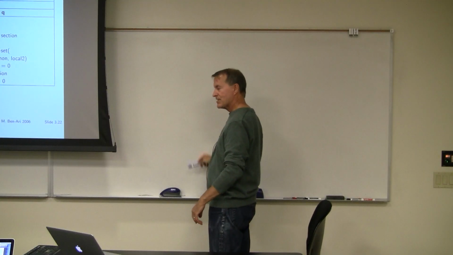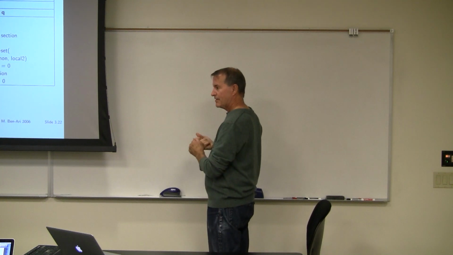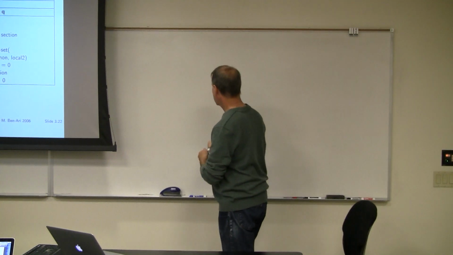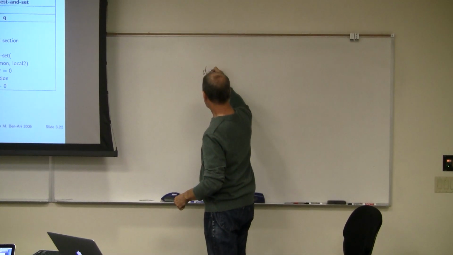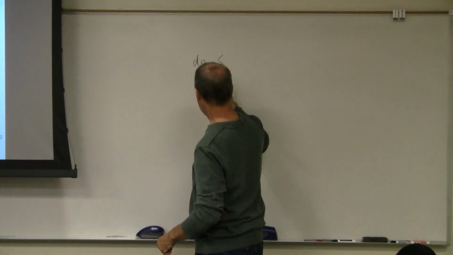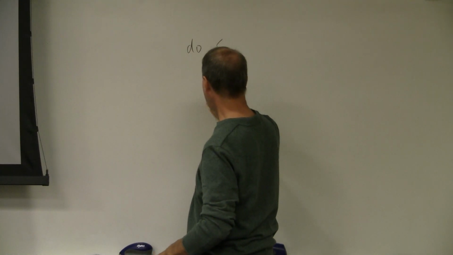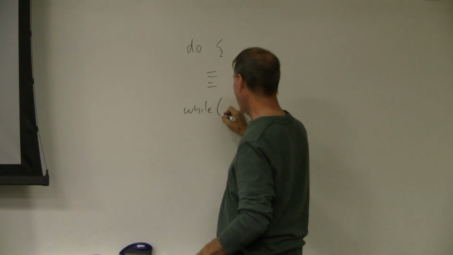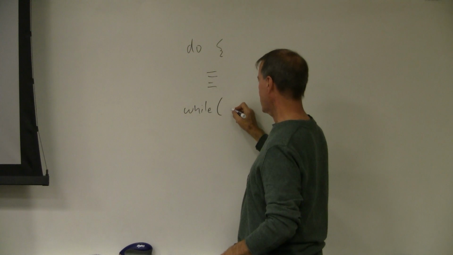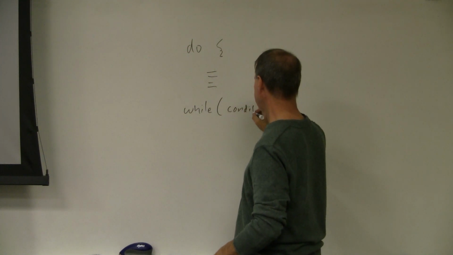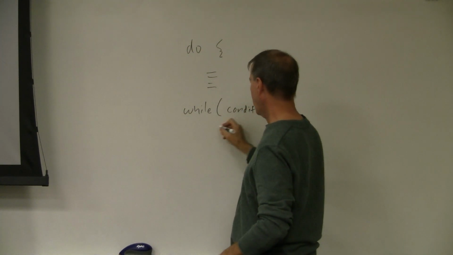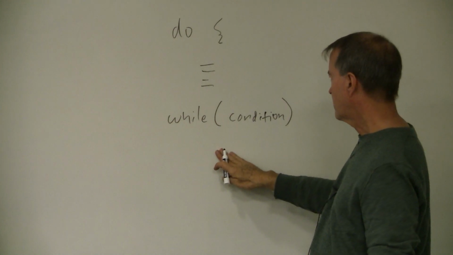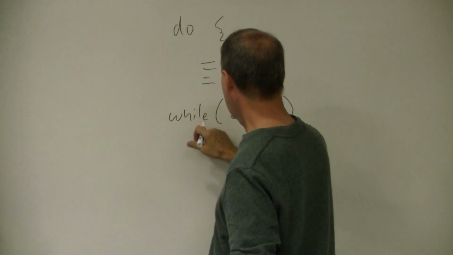Instead of while, in C++ you say do. You say do, and then you do blah, blah, blah, and then down here you say while condition. And then you go on. Now, have you done this?